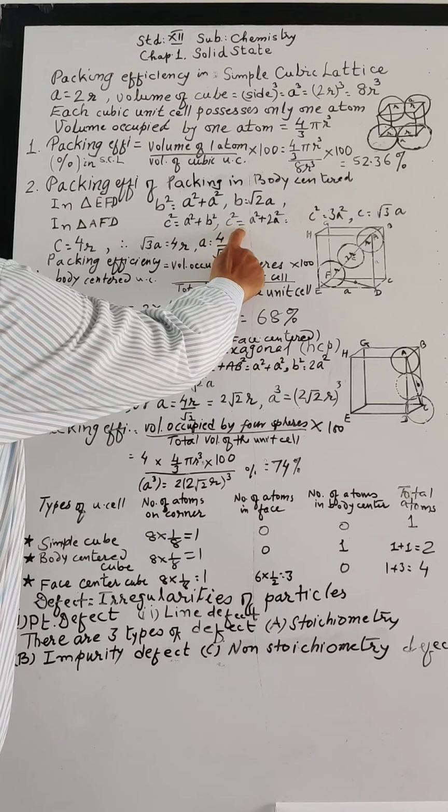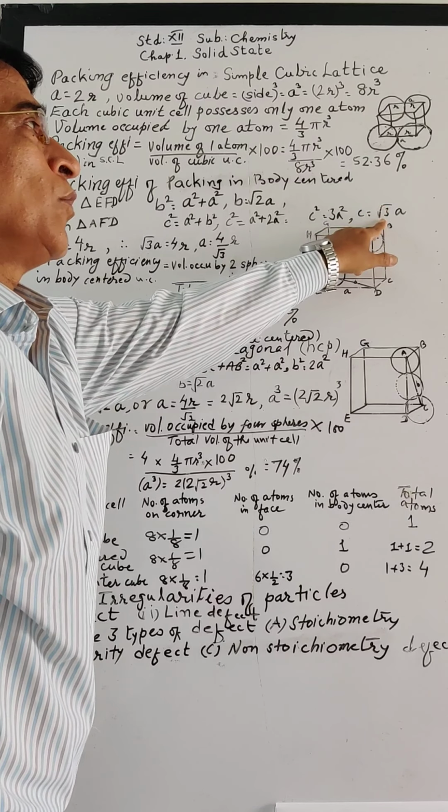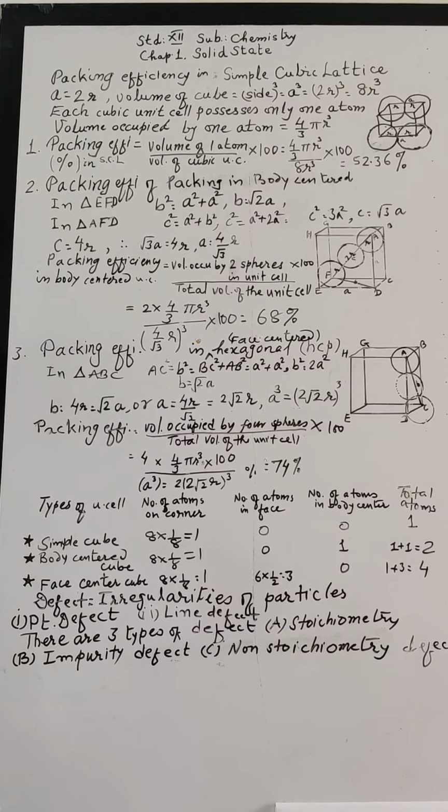So C square is equals to A square plus 2A square, and C square is equals to 3A square. So C equals to root 3 A. And C equals to 4R, that is 1r plus 2r plus 1r. So C is equals to 4r.